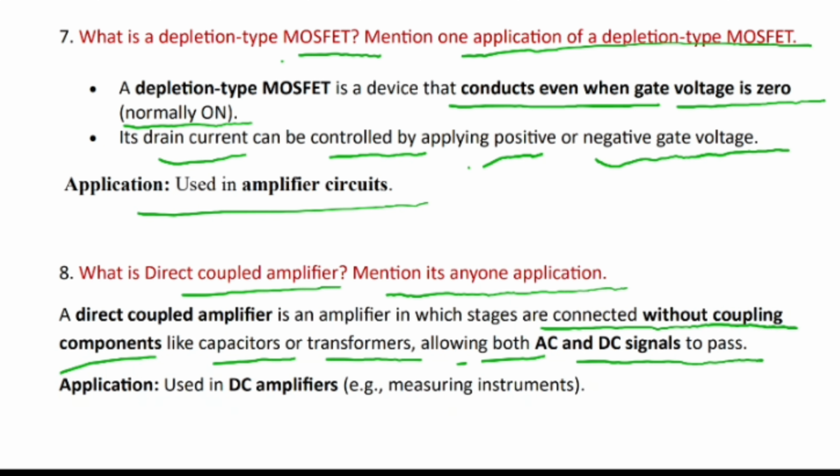That we call a direct coupled amplifier. As for applications, we can use it for DC amplifiers, for example, in measuring instruments.